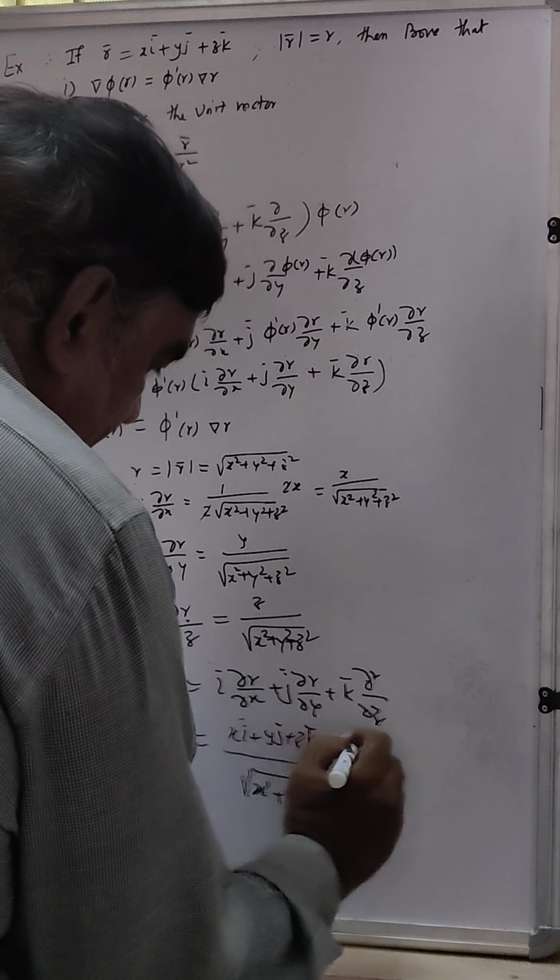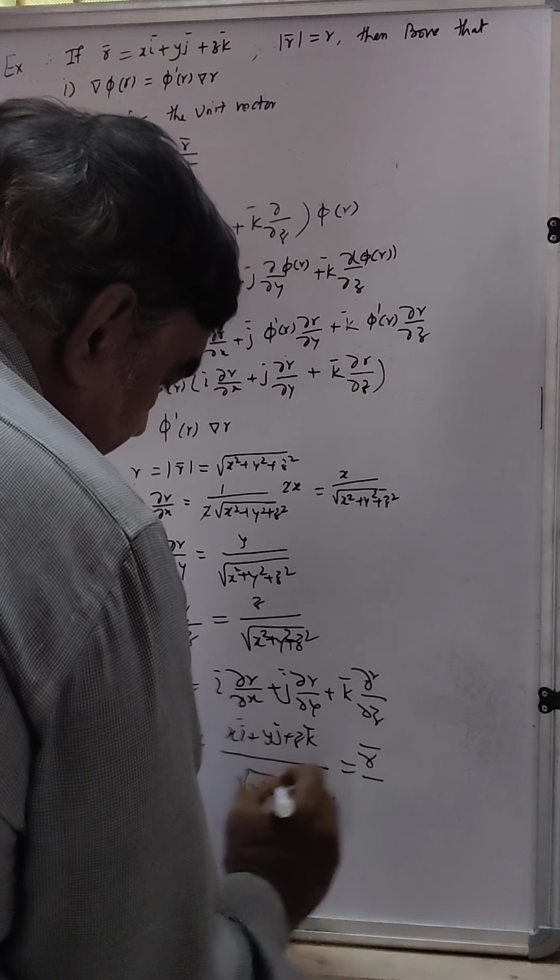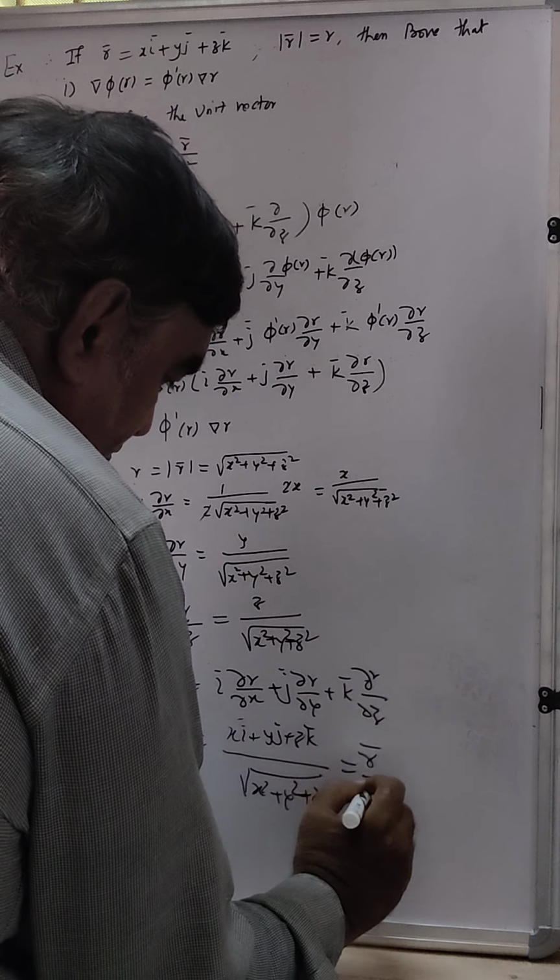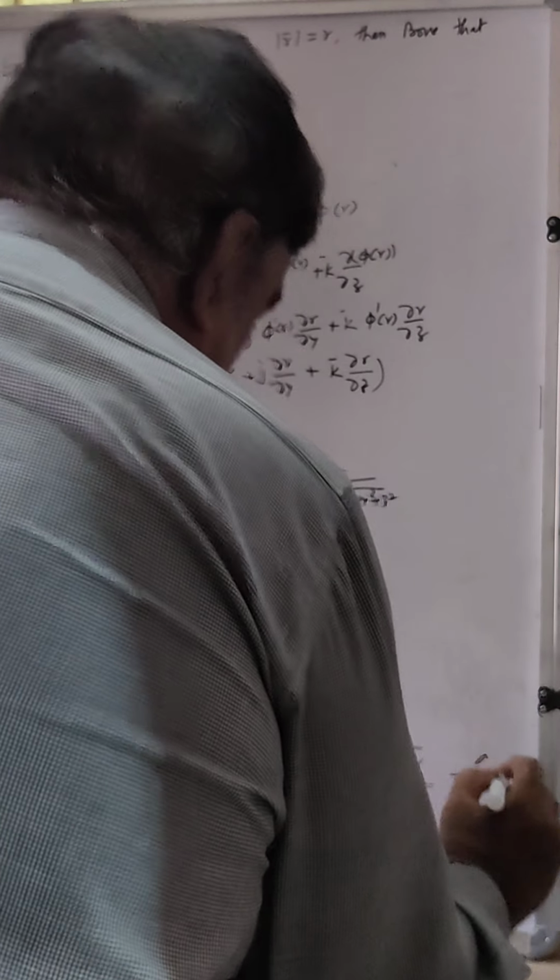This is the r vector and this is the magnitude of r, that is r, the magnitude of the r vector, that is r vector upon r, the unit vector.